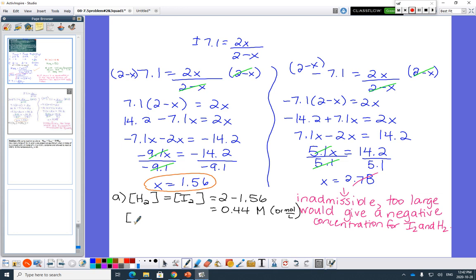It says to do everything this time, so we have to do HI as well, which makes sense because we didn't know anything at equilibrium, right? So we have to solve for all of them.